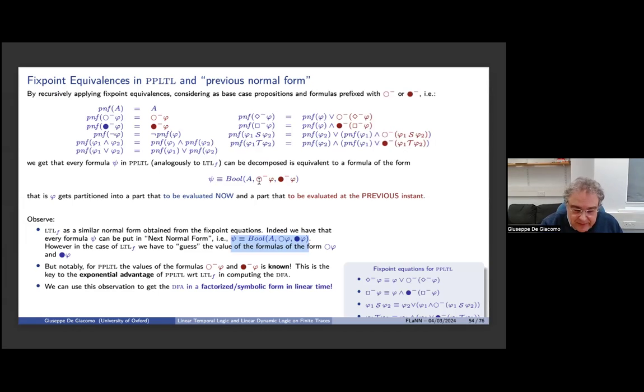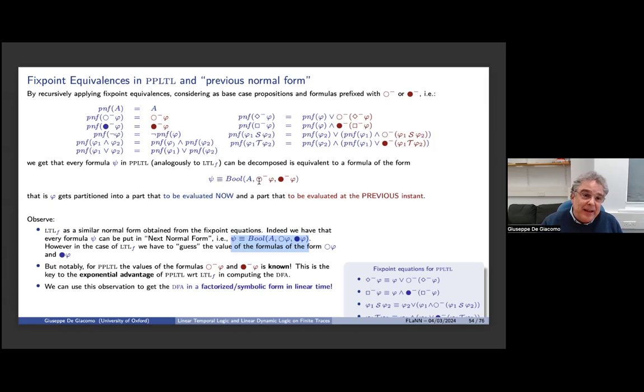If you're using LTLf and you use this decomposition, what is true now, what is true next, you have to guess what is true next, because it is not written in the trace. When you do this for the past, you don't have to guess anything. Everything is written in the trace. And this actually gives an exponential advantage in obtaining the automaton corresponding to pure past LTL.